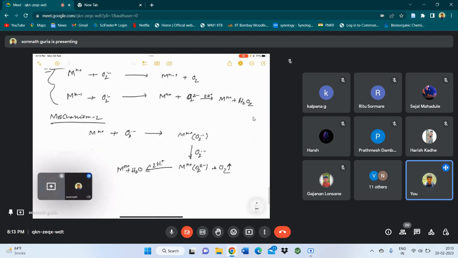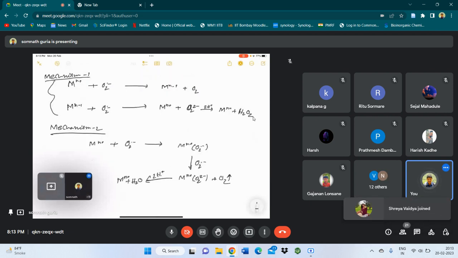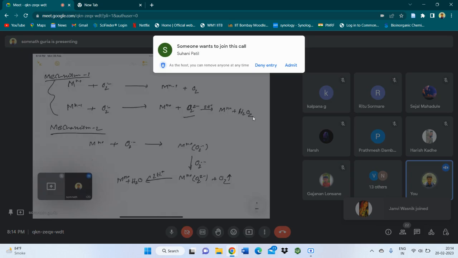It takes one electron from the superoxide and becomes copper 1, and the copper 1 again reacts with another superoxide. The copper 1 transfers an electron to the superoxide, it becomes the peroxide, and that peroxide takes two protons to generate the hydrogen peroxide.